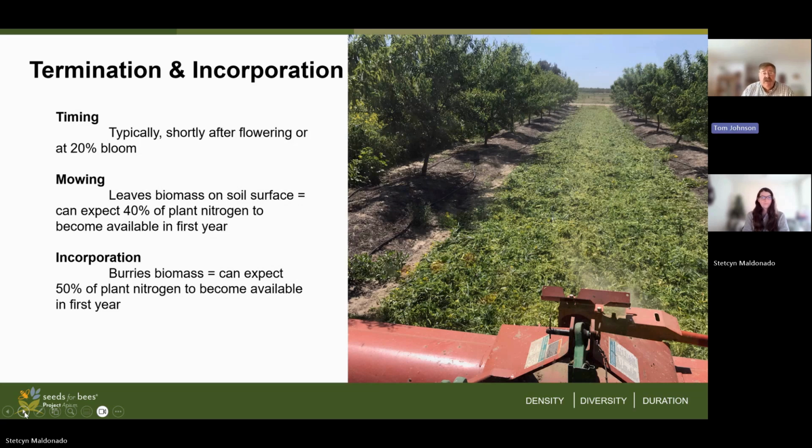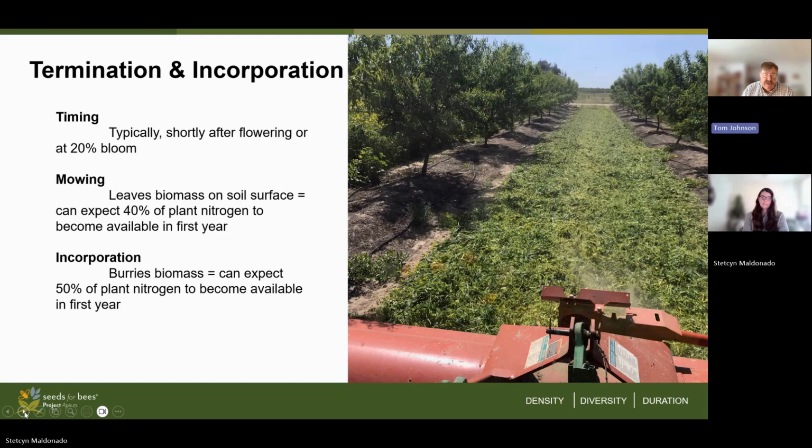In the grand scheme of things, we could probably expect about 40% of the plant nitrogen to become available in the soil in that first year. It might be a little slower, since there's less biology breaking that plant material down, but that's a pretty decent rule of thumb. It's about 40% of what was there that you're going to recover.